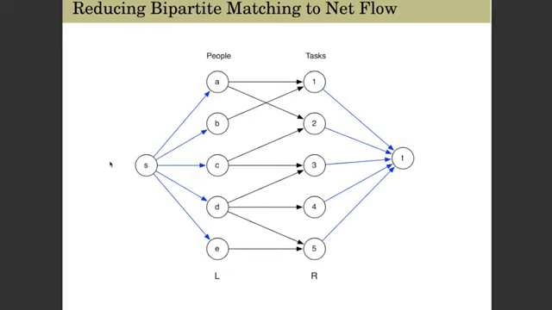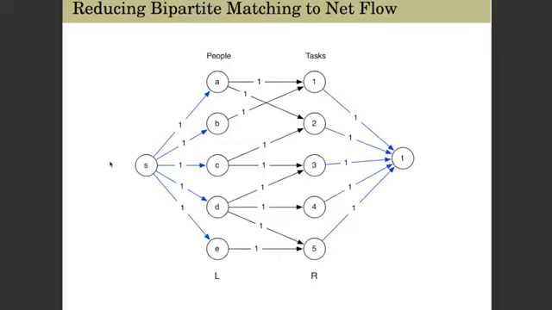Once you get this graph, all that we have to do is add weights of 1 to each of these links. So we started off with a bipartite graph, and we have now transformed it into a general graph in which each edge has a weight of 1.